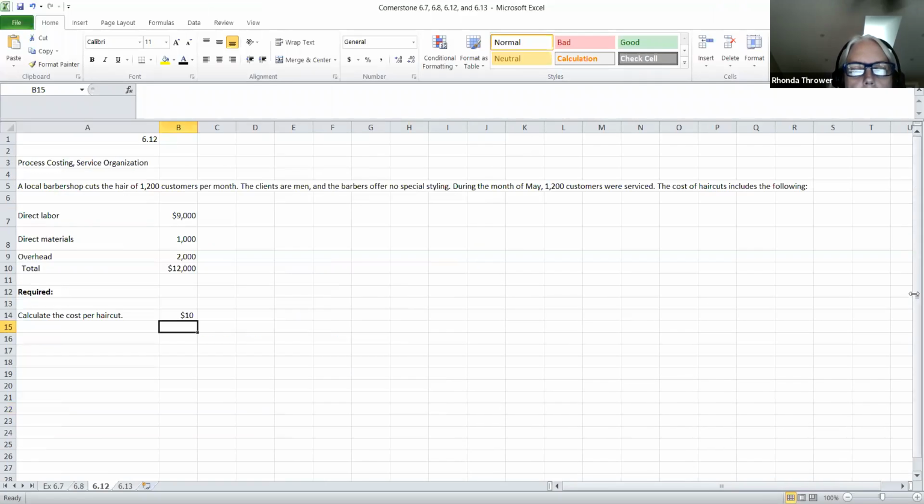On the next exercise, we're getting away from a company that's producing items such as the barbecue sauce we were producing in one of the problems we just did. We're going to be a service business here.